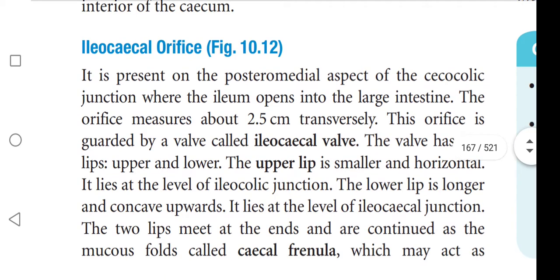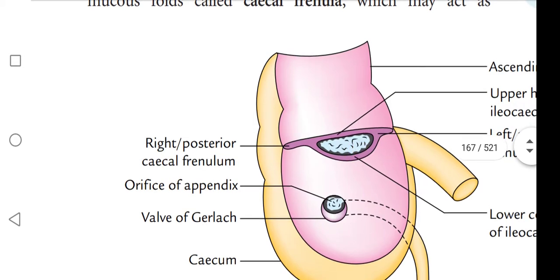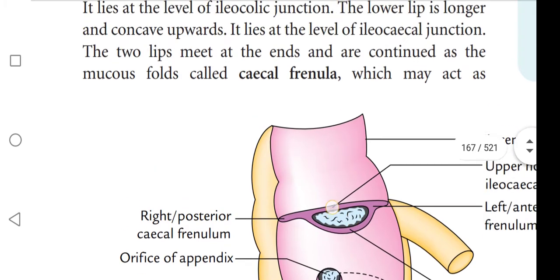Which junction? The cecocolic junction. The orifice measures about 2.5 centimeters transversely. This is the orifice.